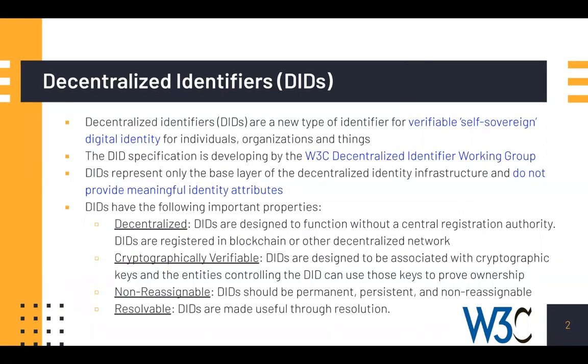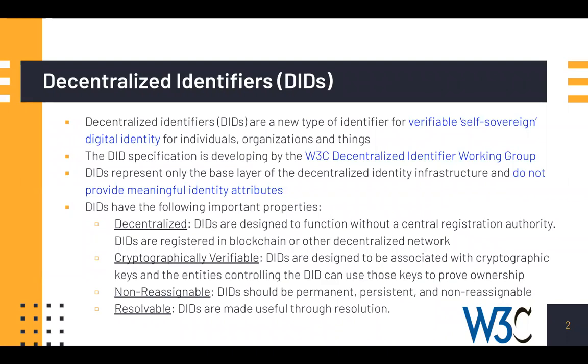Decentralized identifiers have the following important properties. First one is decentralized, which means DIDs are designed to function without a centralized registration authority, and can be registered in the blockchain or other decentralized network.